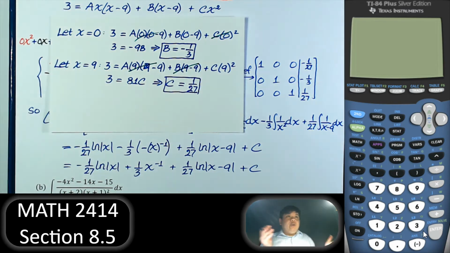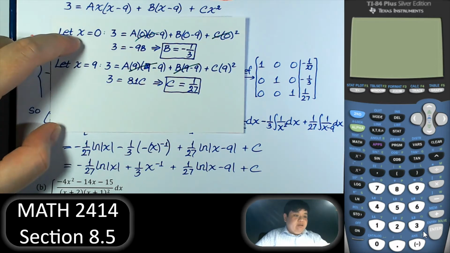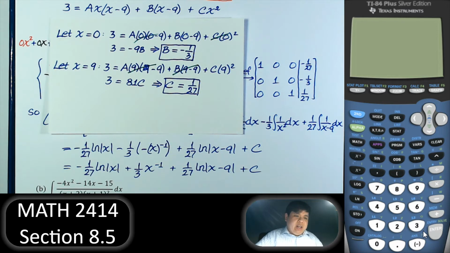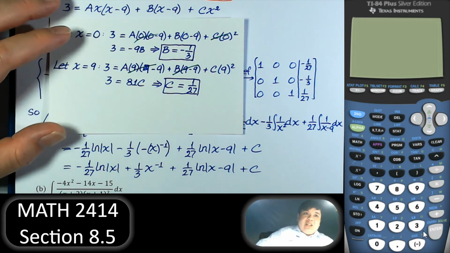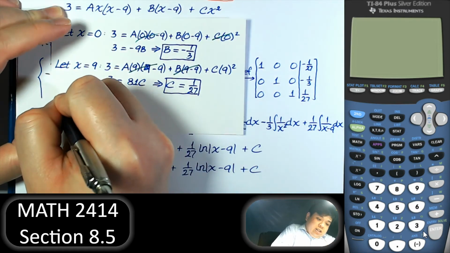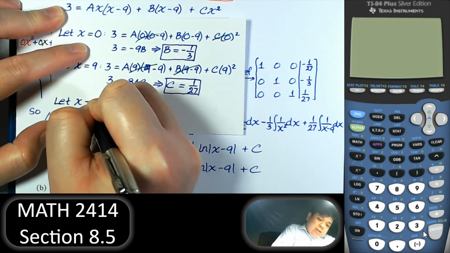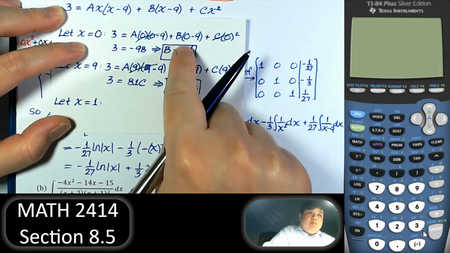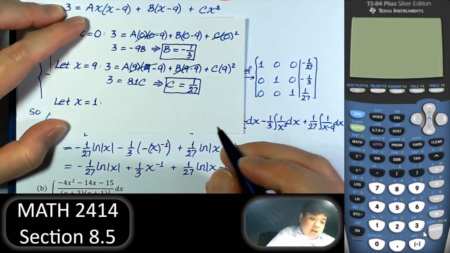Right. So for those two factors, we can just go ahead and solve for b and c. How do we solve for a? Well, we have 3 variables a, b, and c. We're going to need 3 values here. There's 0 and 9 already. What is the other one? In that case, if you don't know, just choose a random value. How about 1? Like I said, I just need another value. This might not be as nice as this, but let's just see.